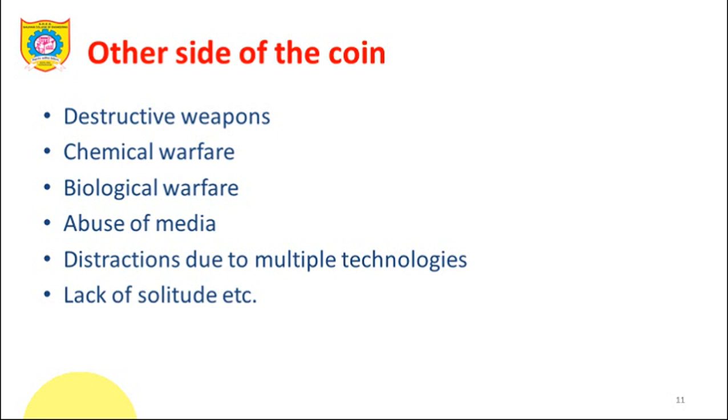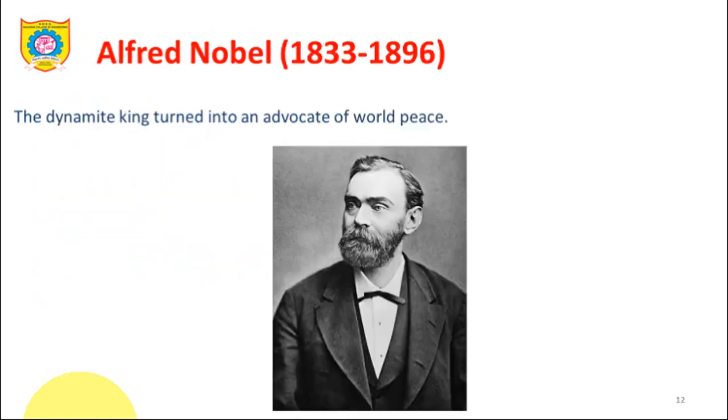He, the Dynamite King, was none other than Alfred Nobel, and he is remembered today by the great Nobel Prizes. Realizing the misuse of science and technology, the Dynamite King turned into an advocate of world peace.